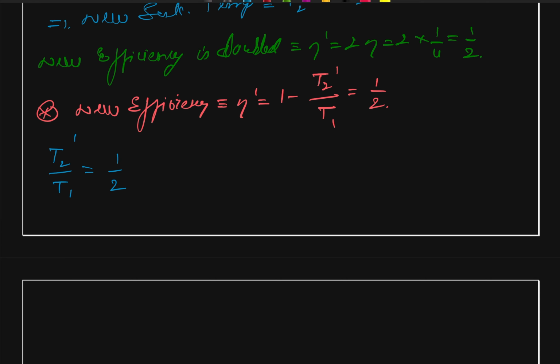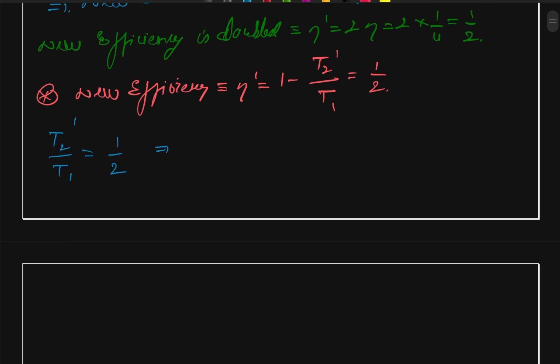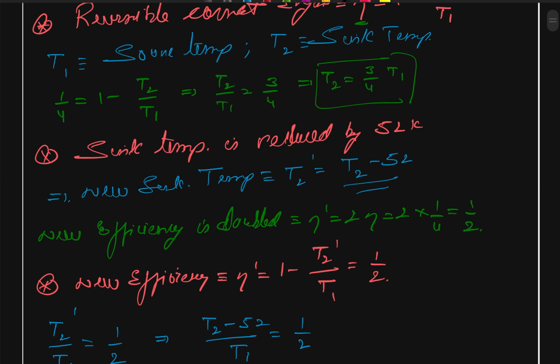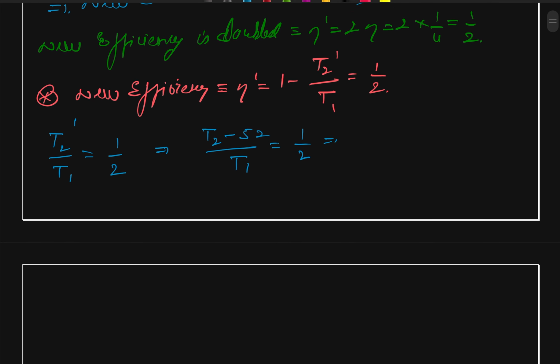We can substitute T2 prime as T2 minus 52. So T2 minus 52 upon T1 is equal to 1 by 2. And we also know that T2 is equal to 3/4 of T1. So we get 3/4 of T1 minus 52 upon T1 is equal to 1 by 2. From here we can easily calculate T1.